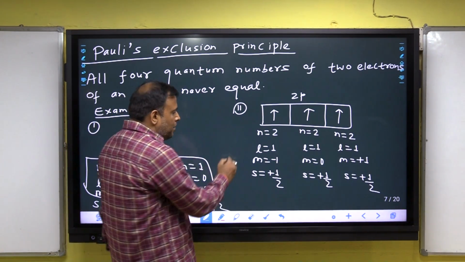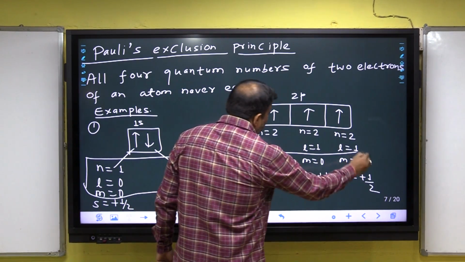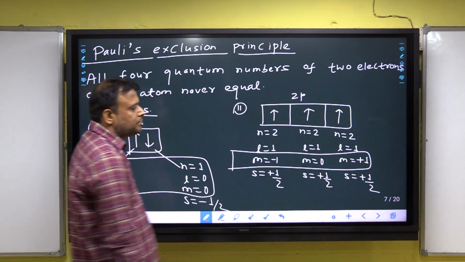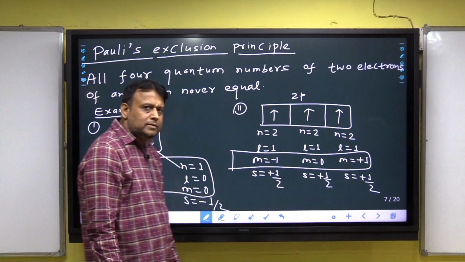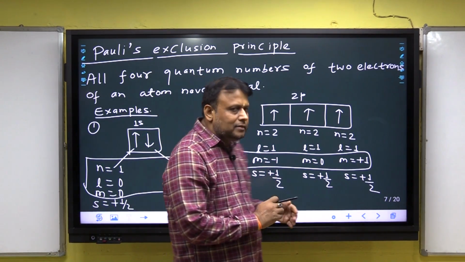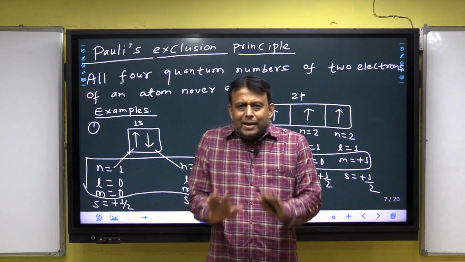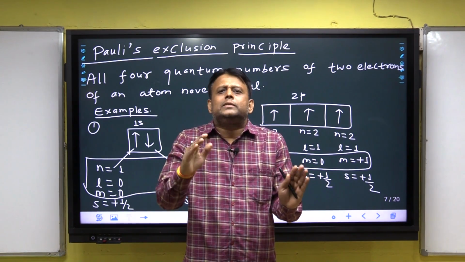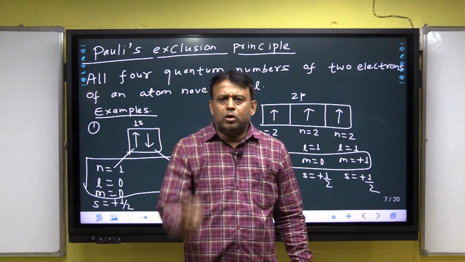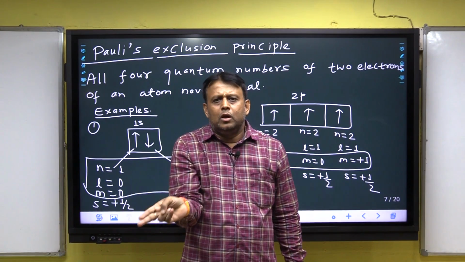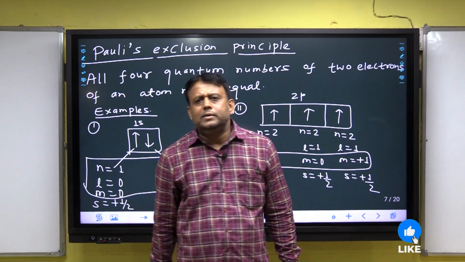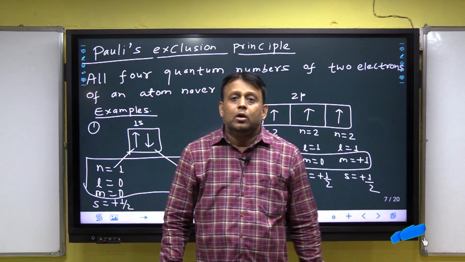Look at the board. The magnetic quantum number of all three electrons is different. And hence it is clear, according to the Pauli principle, a maximum of three quantum numbers may be equal for two electrons of an atom. All four quantum numbers are never equal.